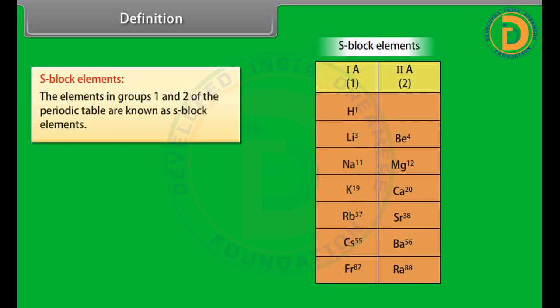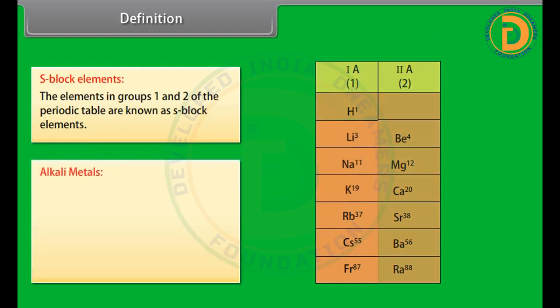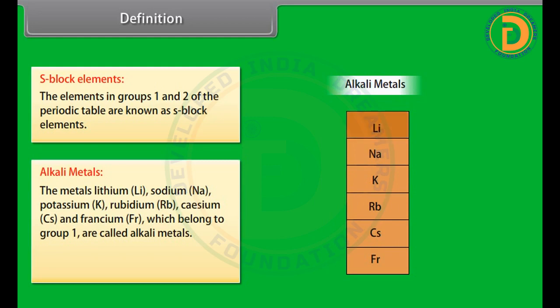Definition: S-block elements. The elements in group 1 and 2 of the periodic table are known as S-block elements. Alkali metals. The metals lithium, sodium, potassium, rubidium, cesium and francium, which belong to group 1, are called alkali metals.